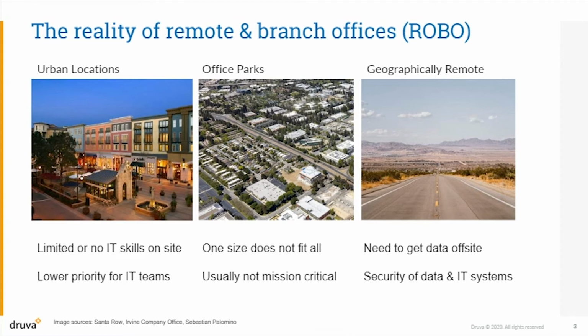The reality of remote and branch offices is that they're quite varied. And so, you as a customer might have any mix of these, right? From urban locations, if you're perhaps a retailer or servicing traditional consumer buyers. A remote location actually could be in an office park filled with a lot of other buildings, but that just happens to be where your small office is.